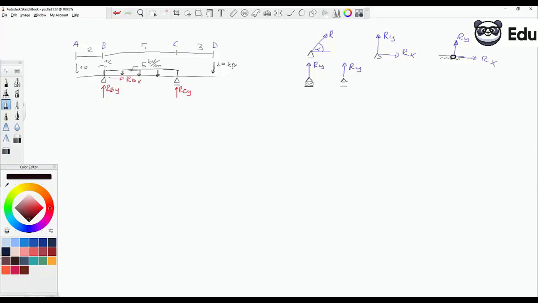Notice that this is 20 kN, this is 10 kN, the moment is 12 kN times meter, and this is 5 kN per meter, which means that every meter is 5 kN. And if we have a length of 5 meters here, then at this point, the resultant is of course 5 kN per meter times 5 meters, which is 25.